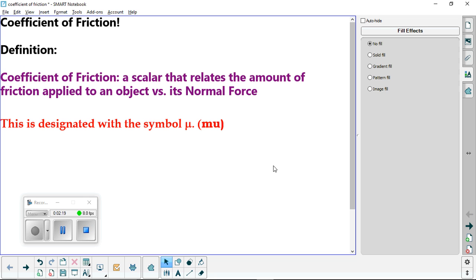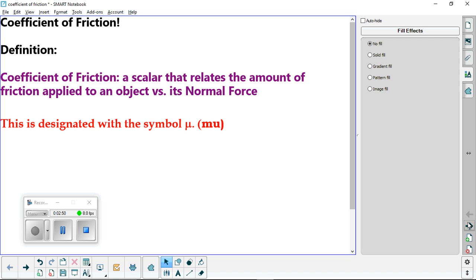So the rougher a surface is, the higher the coefficient of friction, and the more force you have to apply to an object to get it to overcome that friction to get the object to move. We designate the coefficient of friction with the symbol mu, which is the Latin letter M, and it's literally pronounced mu because it looks like an M and a U combined.